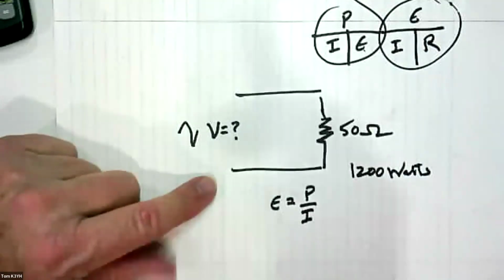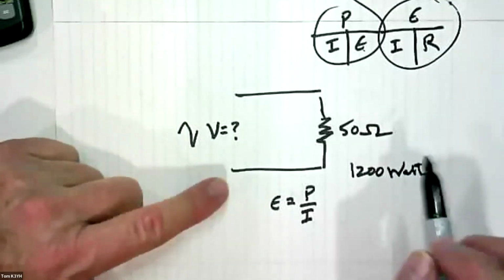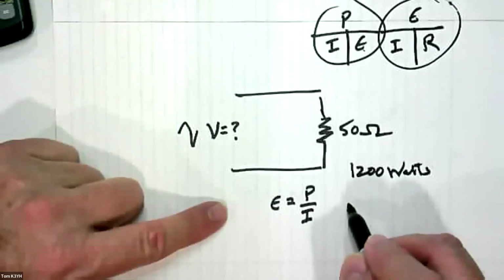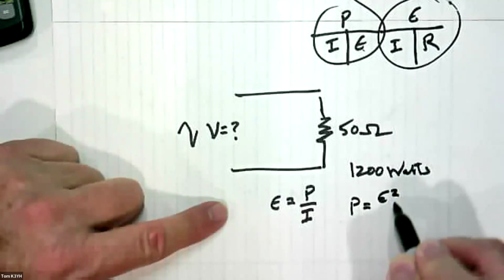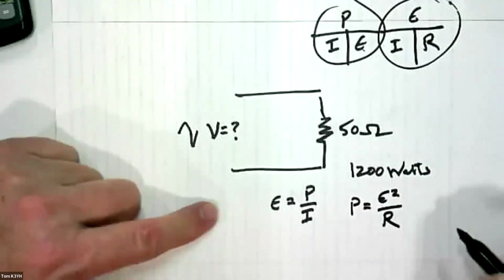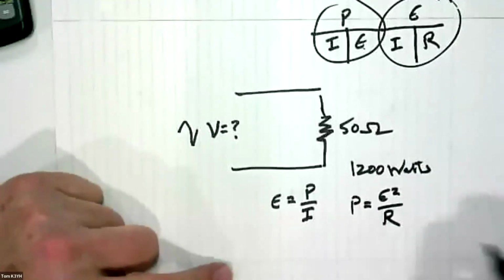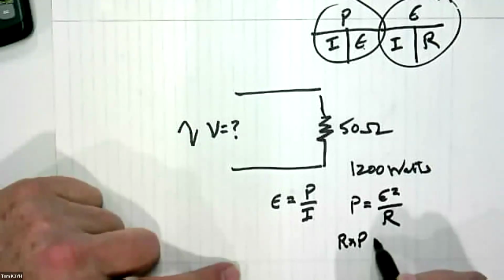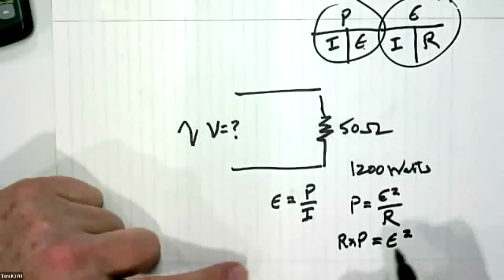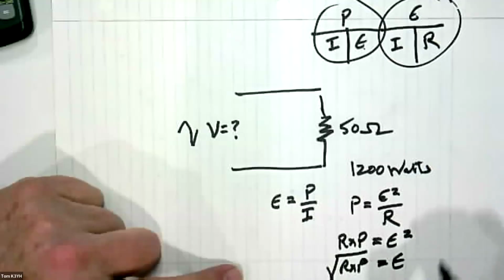So what I have to do in this particular case, if you remember the equation I did previously, I had the equation that power equals E squared over R. Okay, so in this particular case, I take R times P equals E squared, or square root of R times P equals E.